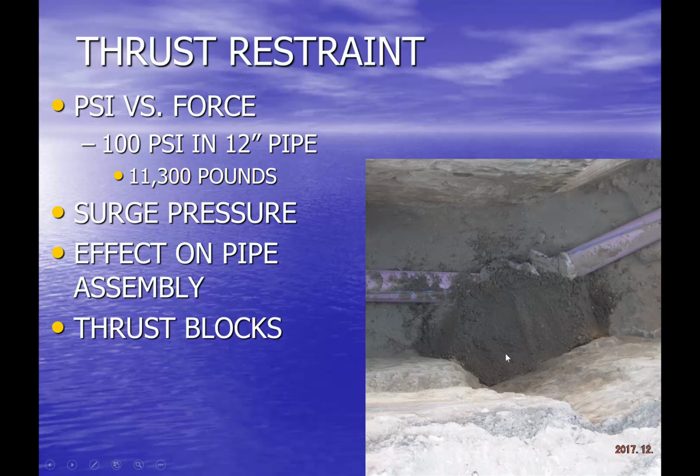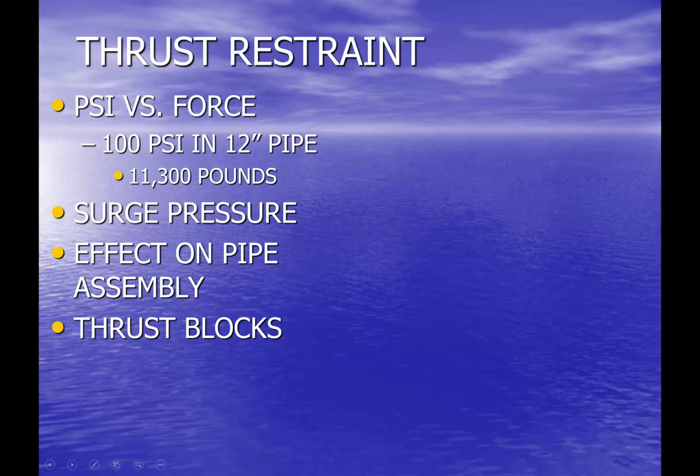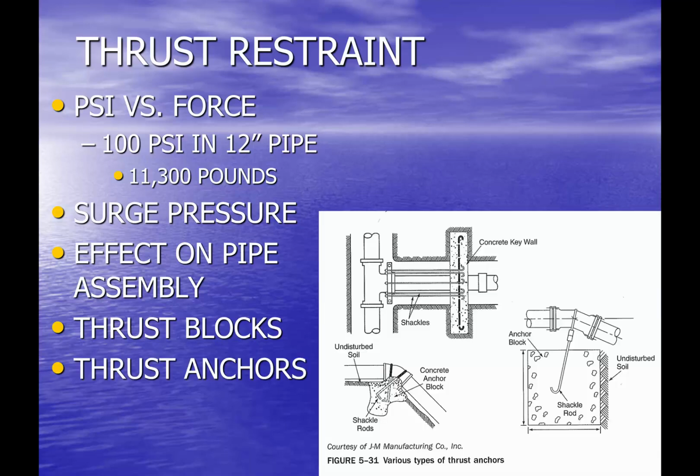In some cases, the thrust blocks are more challenging because there may not be undisturbed soil, or it's a vertical bend, or the ability to pour concrete up against a trench wall is some sort of challenge. So we then resort to what's called thrust anchors. In this case, we will pour a mass of concrete, and then we'll use an anchor that goes on this vertical bend over here.